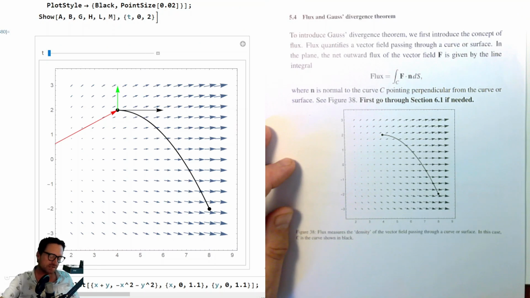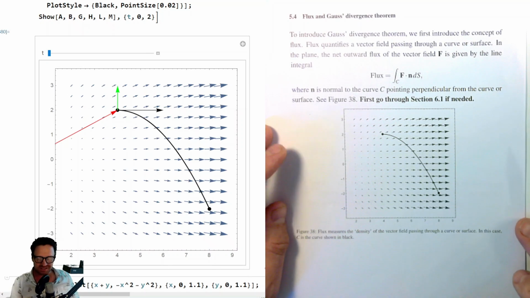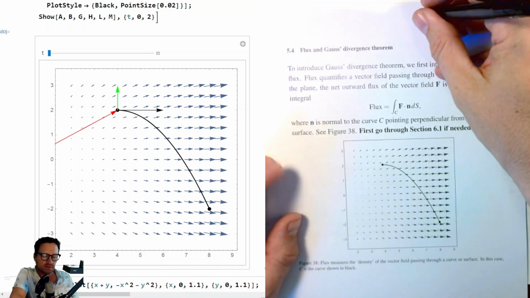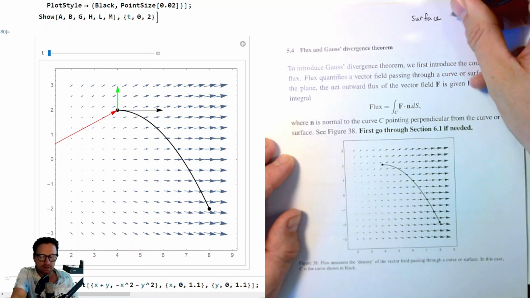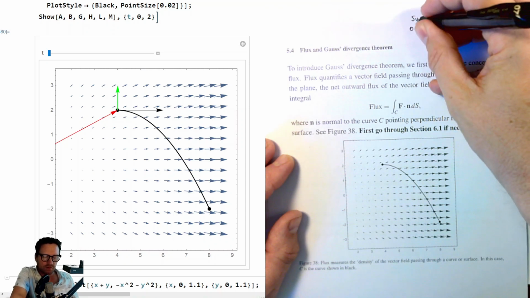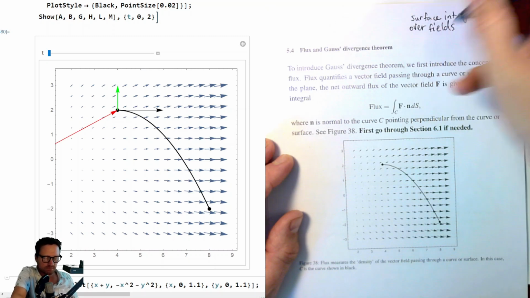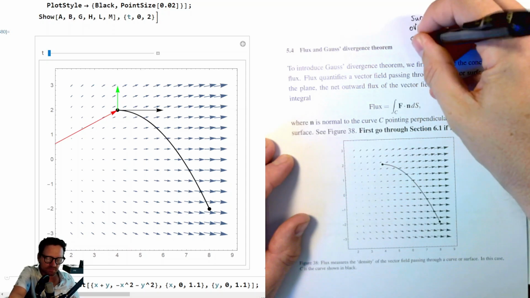Okay, let's do a little bit of physics now. So we're going to look at flux and Gauss's divergence theorem. And so this is surface integrals. So the appropriate section is surface integrals over fields, and that's in Stewart.